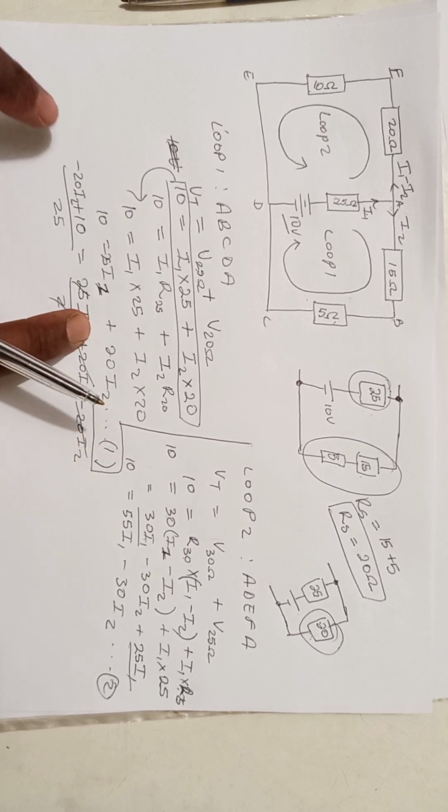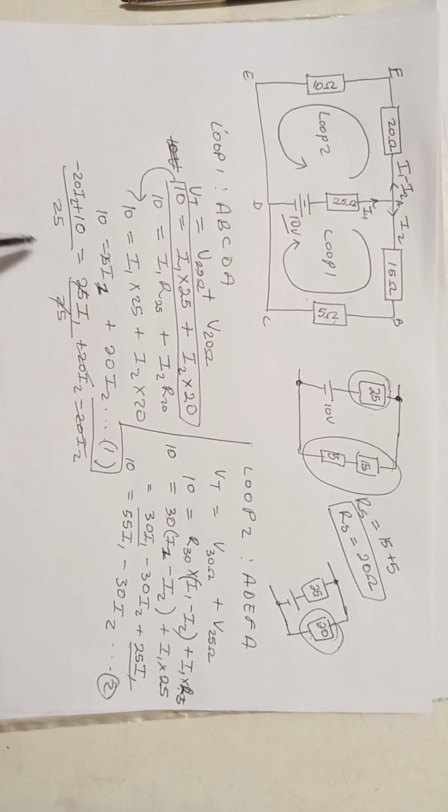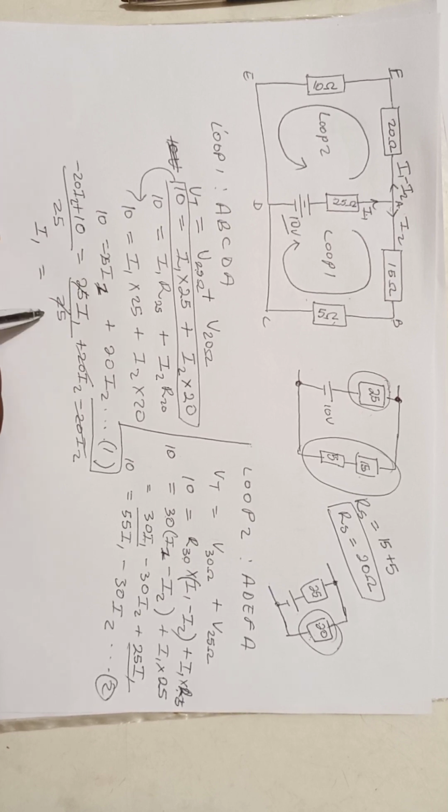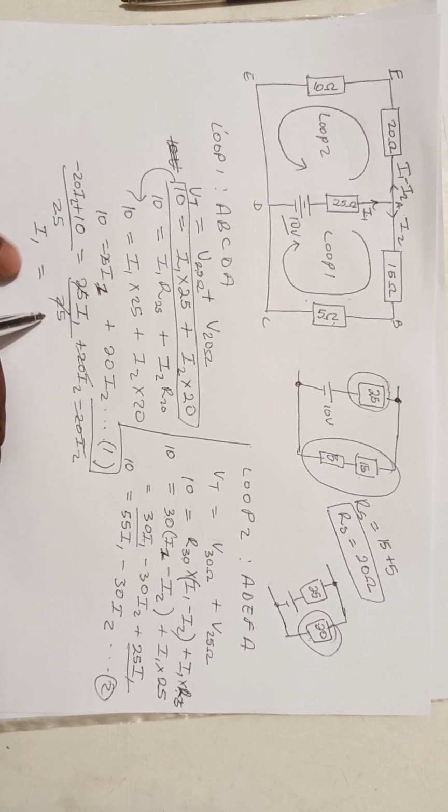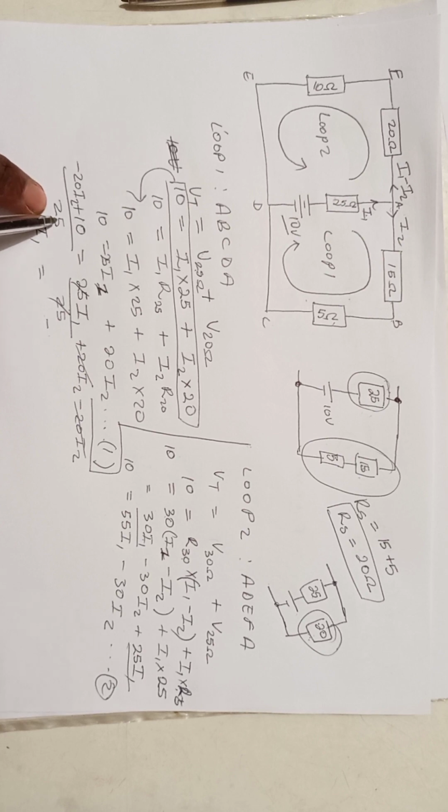So I1 is equal to, now we can make I1 stand alone like this. So we know that 25 divides here and divides there.